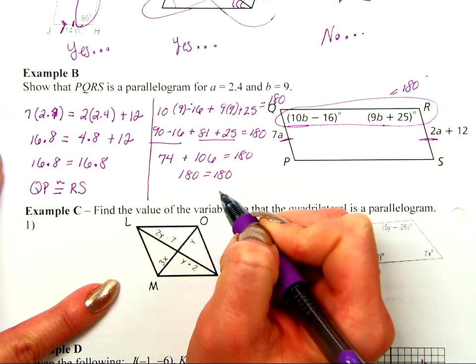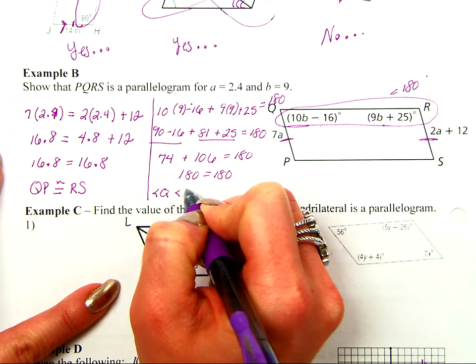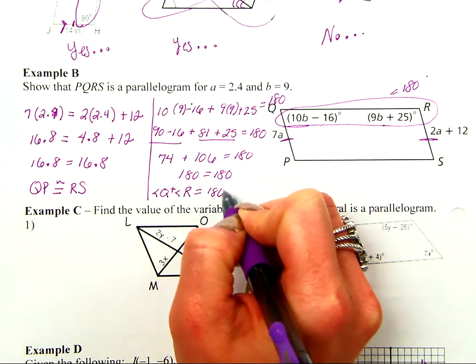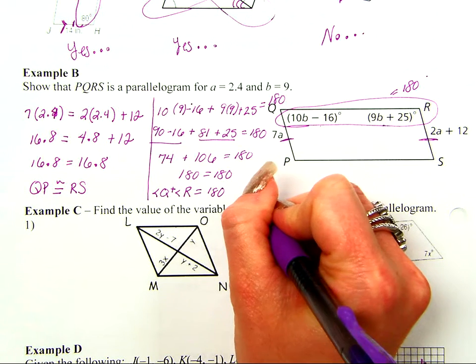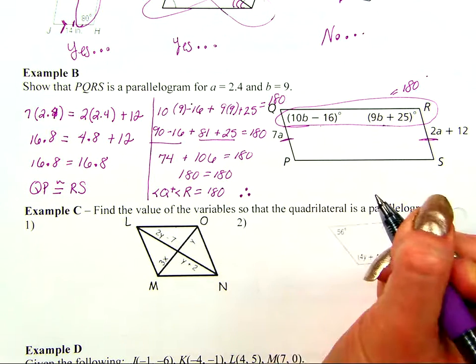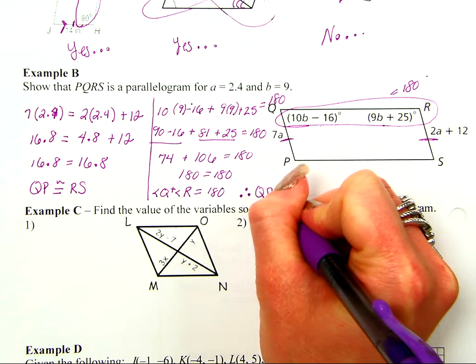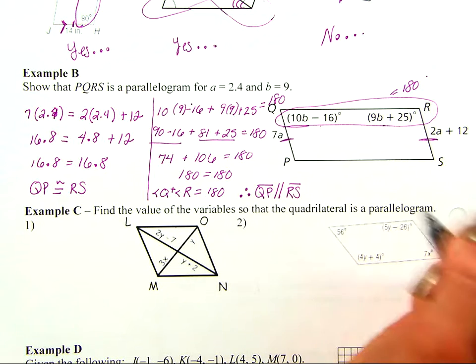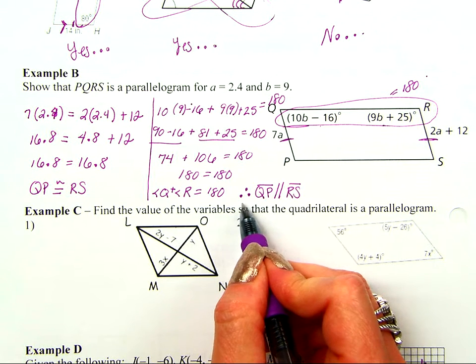So what have I shown? I have shown that angle Q plus angle R, what that means is if those are supplementary, that allows me to say QP is parallel to RS. Now these three little dots here mean therefore.